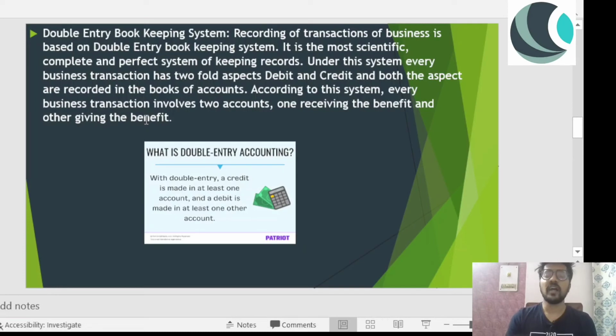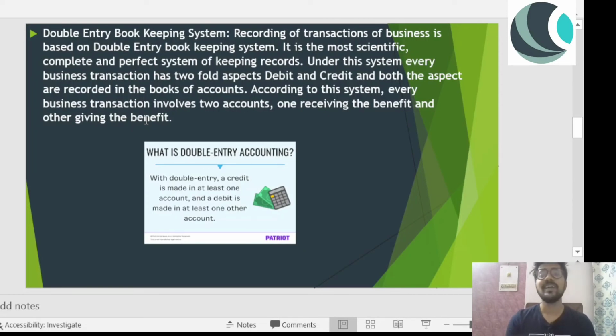If they have to buy a capital asset, they have to give the cash or transact the money to the one from where they are buying those goods, right? So there will be a two-way flow. The cash is going out and the machinery is coming to them. So under the system, a business transaction has a twofold aspect, debit and credit, and both aspects are recorded in the books of accounts.